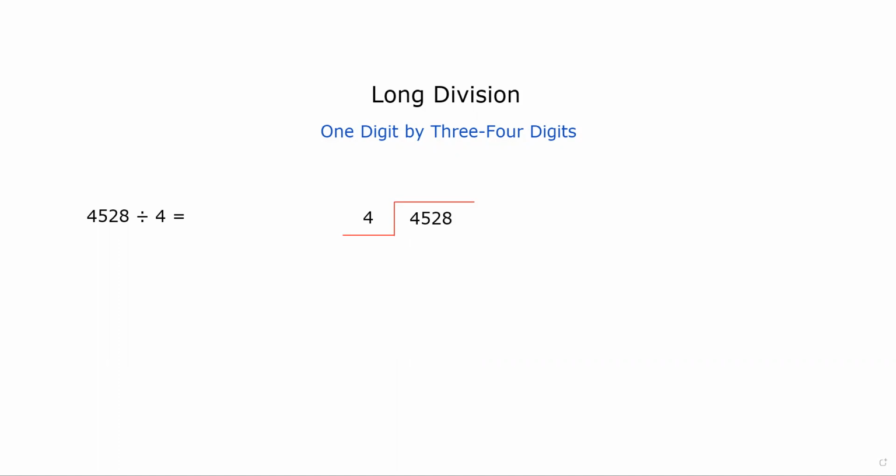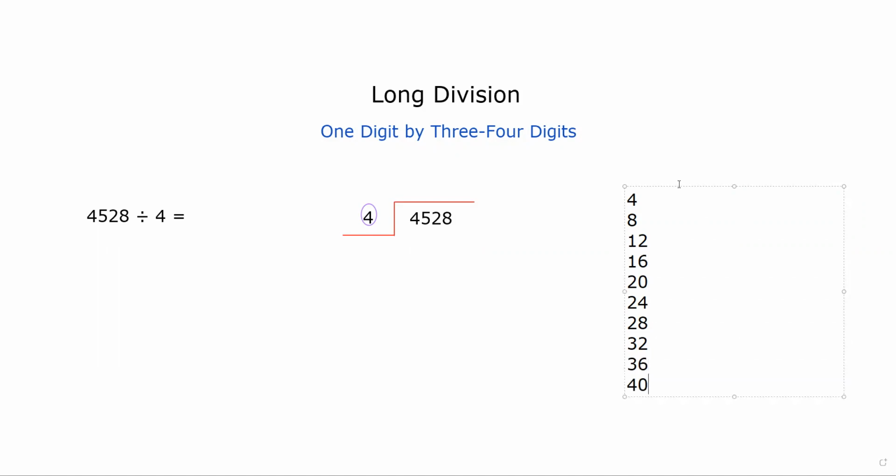What I'll do first, I'll take my divisor, which is 4. And then I'll do the multiples of 4 or the table of 4. So we have 4, 8, 12, 16, 20, 24, 28, 32, 36, and 40.